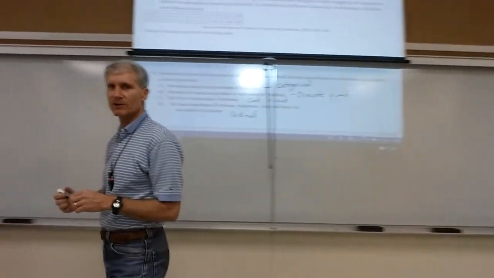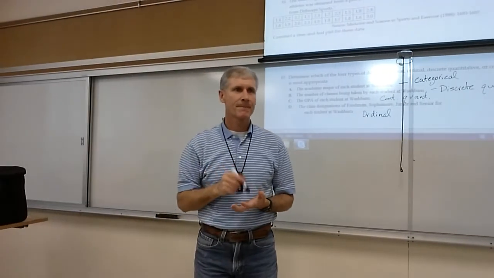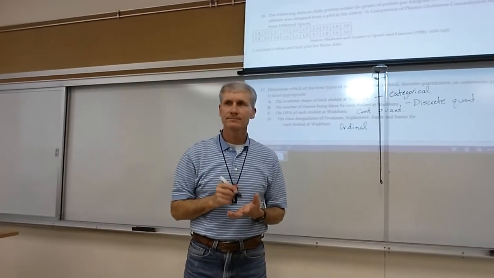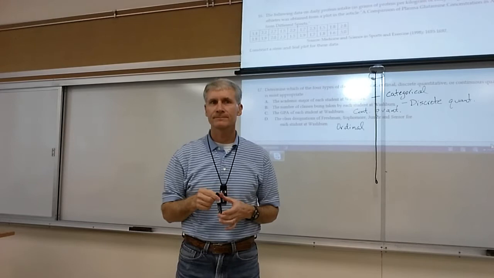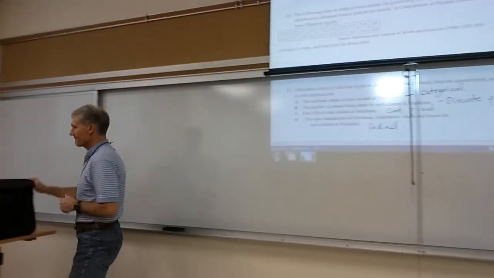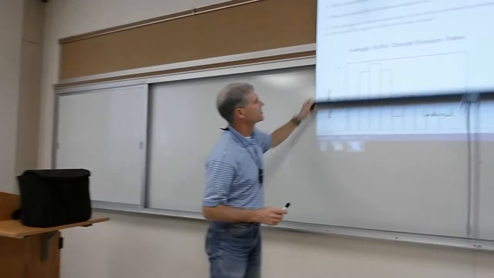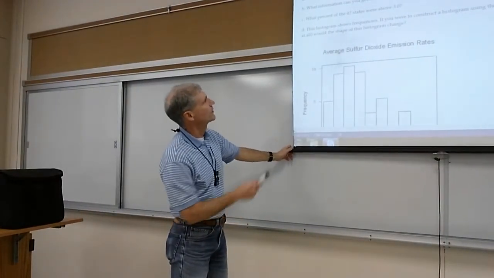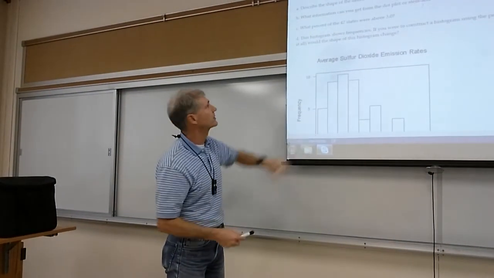Okay, next question. 19. All right. I don't know how much of this I can show at one time, so I'll read the top part and then I'll scroll down so we can see the picture.